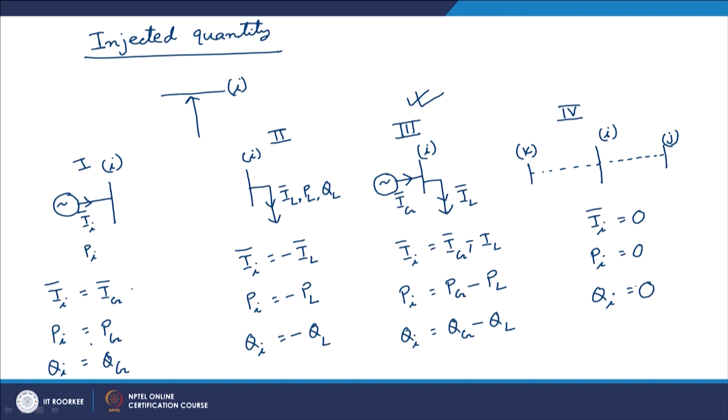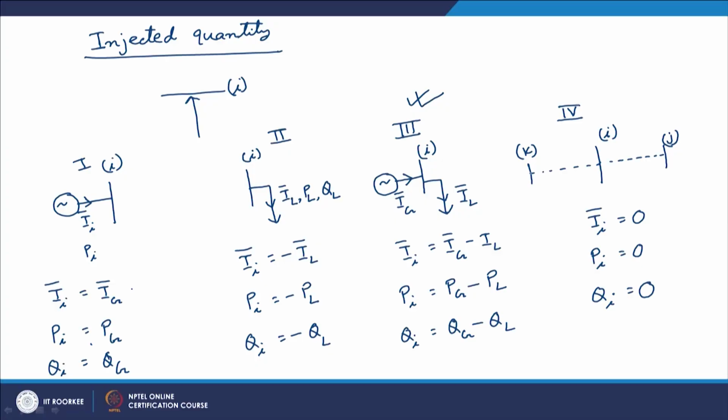So, this third expression is the most general expression, and we define the injected quantity as the electrical quantity supplied by the generator minus the same electrical quantity drawn by the load. So, this is nothing but the difference between the generator quantity and the load quantity.